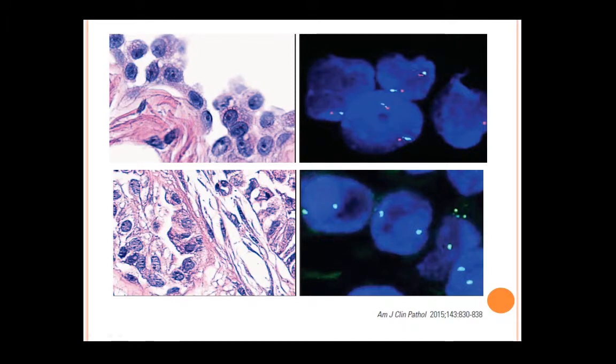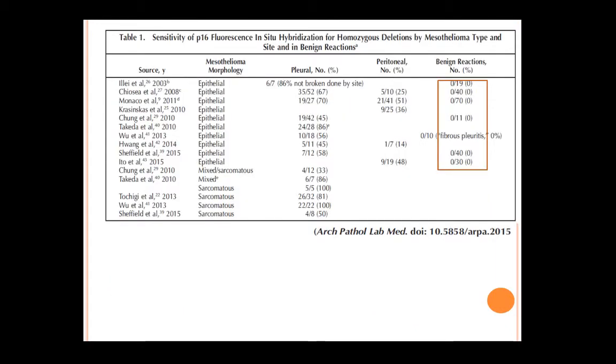Again, this is a similar study. The gene for P16 is located on the short arm of chromosome 9, and using probes for the centromere of chromosome 9 and the P16 gene, we can localize the genes as 2 green signals and 2 red signals for benign or reactive mesothelial cells, and homozygous deletion of P16 can be indicative of malignant mesotheliomas.